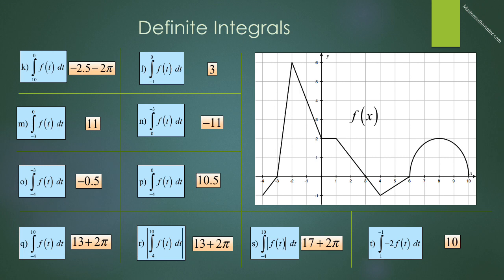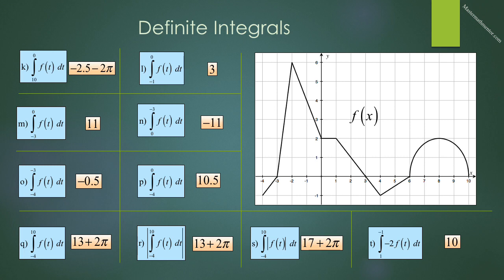To do T, the integral from 1 to negative 1 of negative 2 f of t dt. This can get tricky, but we can make it easy by bringing the negative 2 to the outside, and also realizing that if we switch the limits of integration and go from negative 1 to 1, we can make the expression positive 2, integral from negative 1 to 1 of f of t dt.